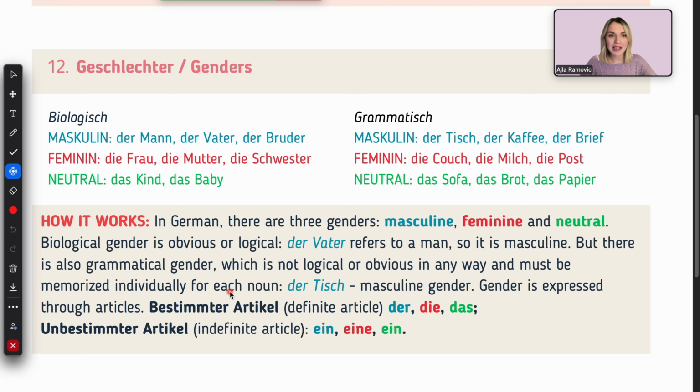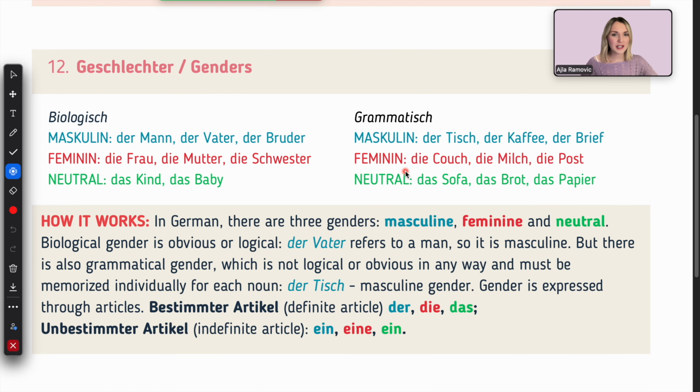So to give you an example, der Tisch is masculine. Why? Nobody really knows. It just is. So we have to remember while learning this word, Tisch, it is masculine. So I'm using der Tisch. Other examples of grammatical gender would be der Kaffee, the coffee, der Brief, the letter.